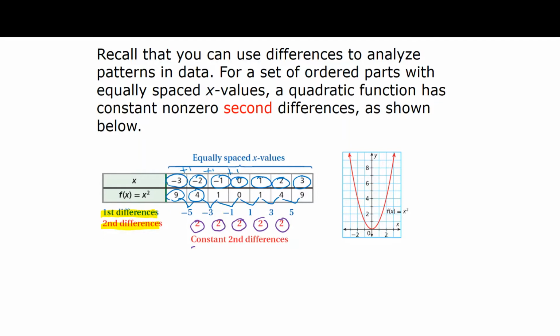So we have constant second differences. This second layer is constant, and when we have that, we know that we have a quadratic function. That's what's required in order to have a quadratic function, and a quadratic function is going to make a parabola when we graph it.